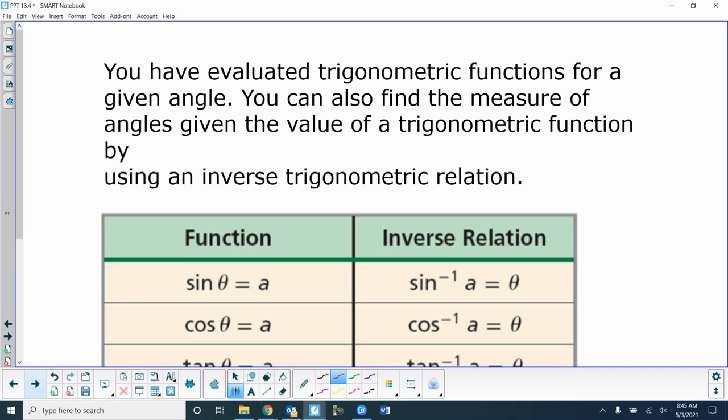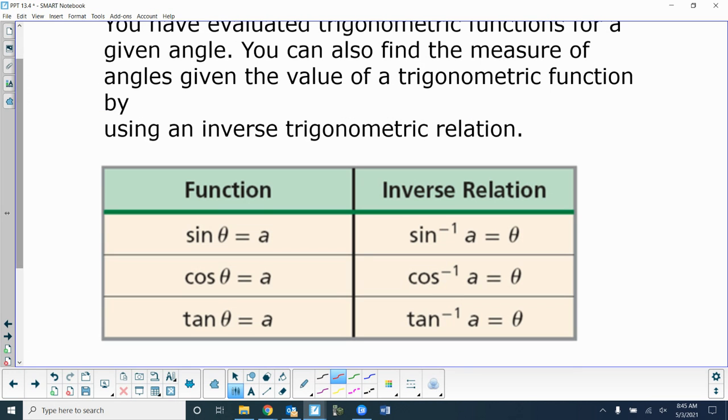All right, so you evaluate trig functions for a given angle. You can also find the measure of angles given the value of the trig function by using an inverse trigonometric relation. So if the sine of theta is A, then the inverse sine of A equals theta. And the way you think about that, when you see that inverse sine, you're thinking the angle whose sine is 1/2.